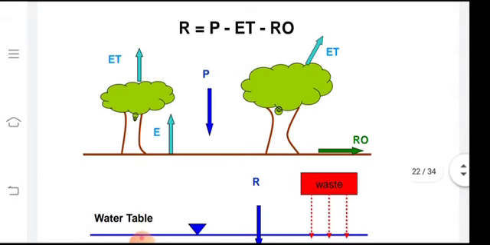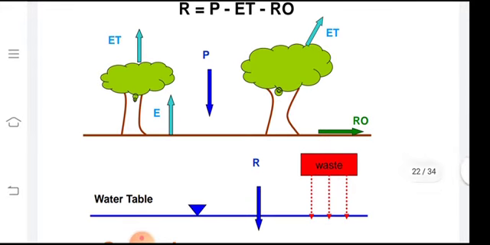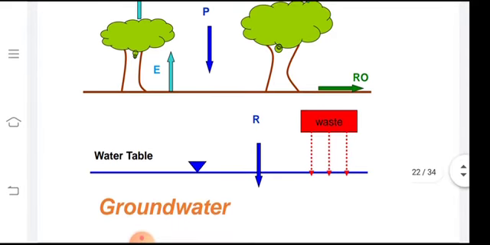Then we should also understand how much water is going to enter the system, how much water is going to react within the system, and how much water is going to be released from the system.